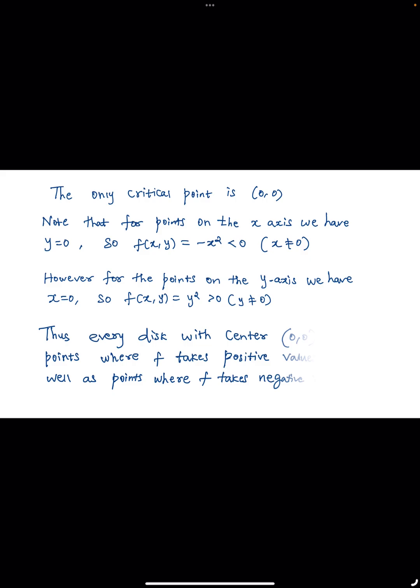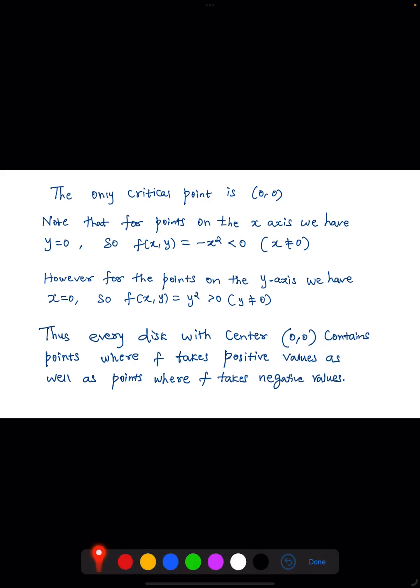So why do we want to work with these steps? The reason is every disk with center 0 comma 0 contains points where f takes positive values as well as points where f takes negative values. Based on the axes, on the x-axis you get f of x comma y to be negative, and on the y-axis f of x comma y to be positive.